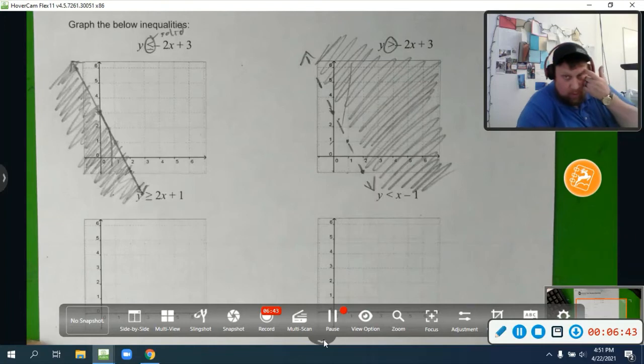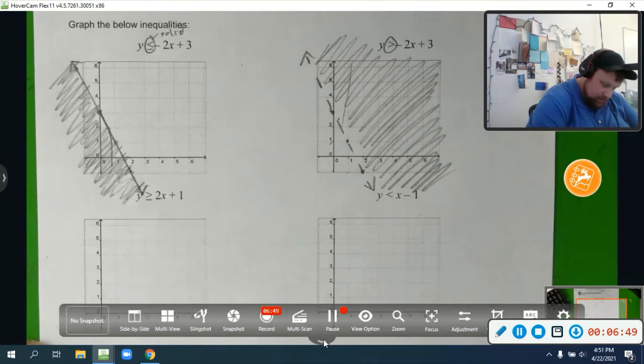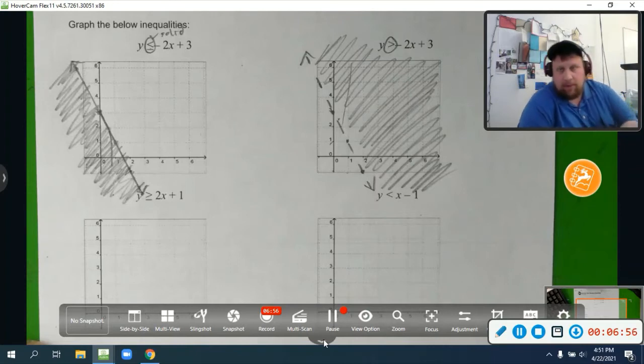And then figure out what direction I need to shade it. Follow the directions. Where does greater than go?